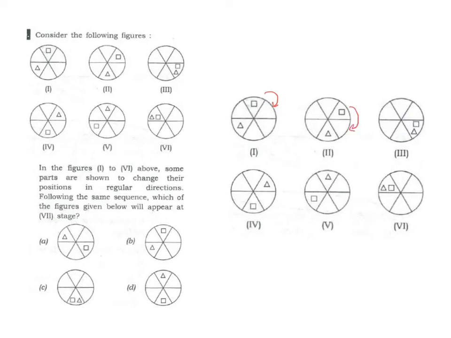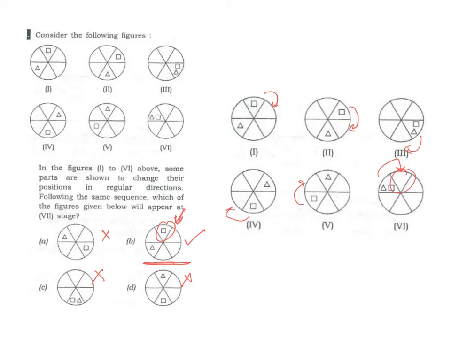So again next it is coming like this. Then in the next one it is going like this. Then after this, it must be here. So this is not the one. This is yes. This is no. This is no. So there is only one possibility that the square will be in this position. So here it's a square.